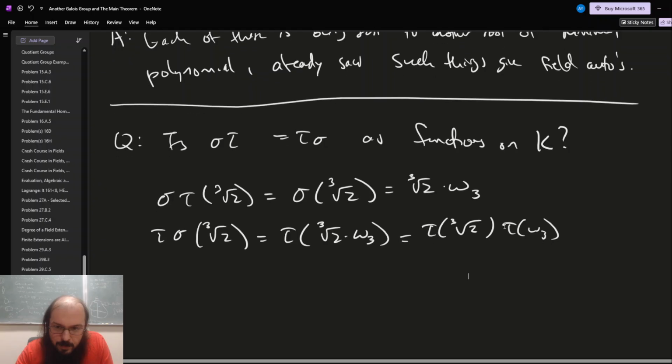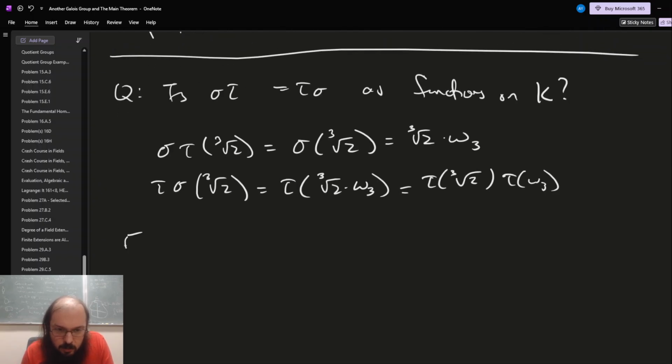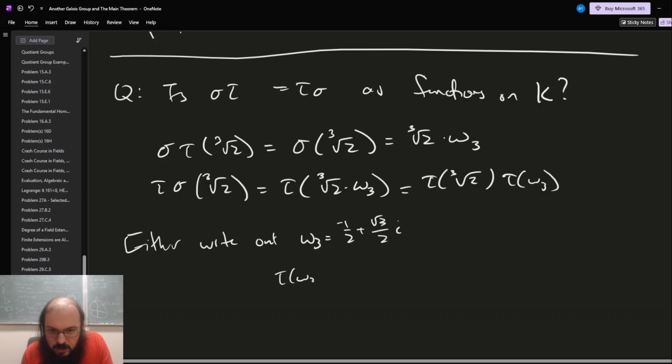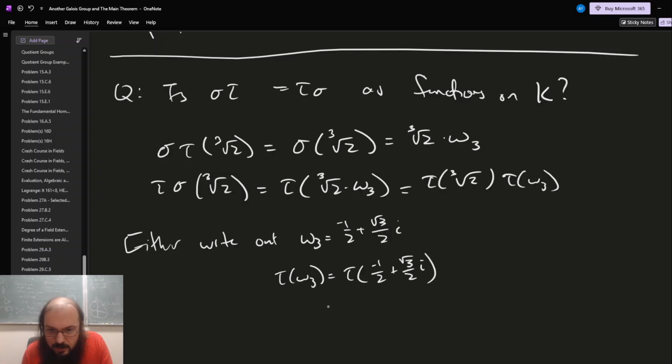Sorry, I think I'm getting a tiny bit ahead of myself. I can either write out omega 3 equals minus 1/2 plus the square root of 3 over 2 i. And then, because this is a field automorphism, tau of this must respect the addition. It fixes the real part.